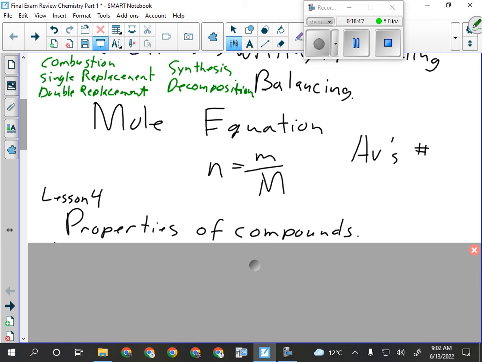The possible identities for this would be A, iron 3 oxide, B, nitrogen triphosphide, C, copper 2 sulfate, D, cobalt 2 chloride. Which would it be? Copper. Copper's blue. We only really needed blue and crystalline to get that one, but that's the kind of thing I might ask. I'll give you a multiple choice question where you have to remember some of the properties of compounds, and use it just like you did in your lab.